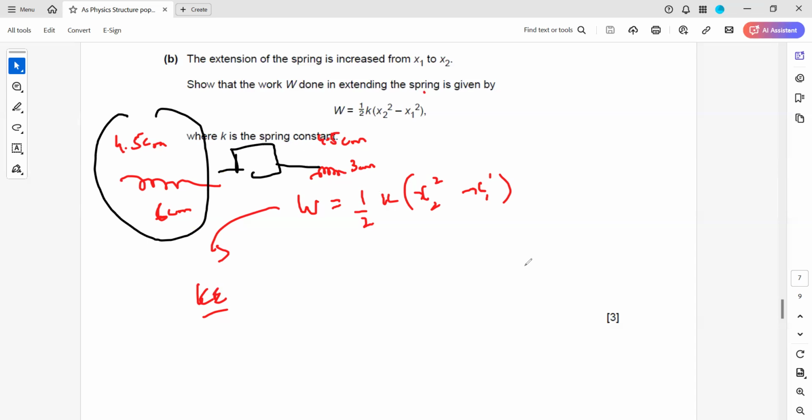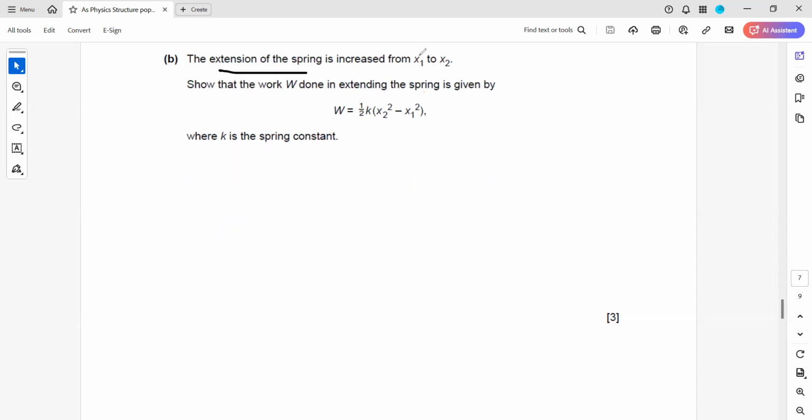It's up to you. This is the formula for the energy stored in the spring when the extension of a spring is increased from x1 to x2. This is for one spring. The work done in extending the spring is given. You will calculate the work done on the second spring and then the total.